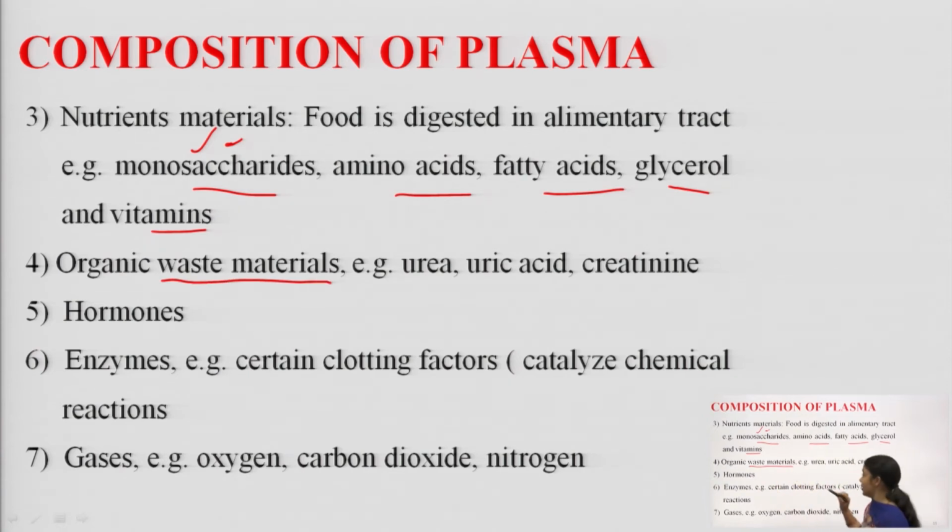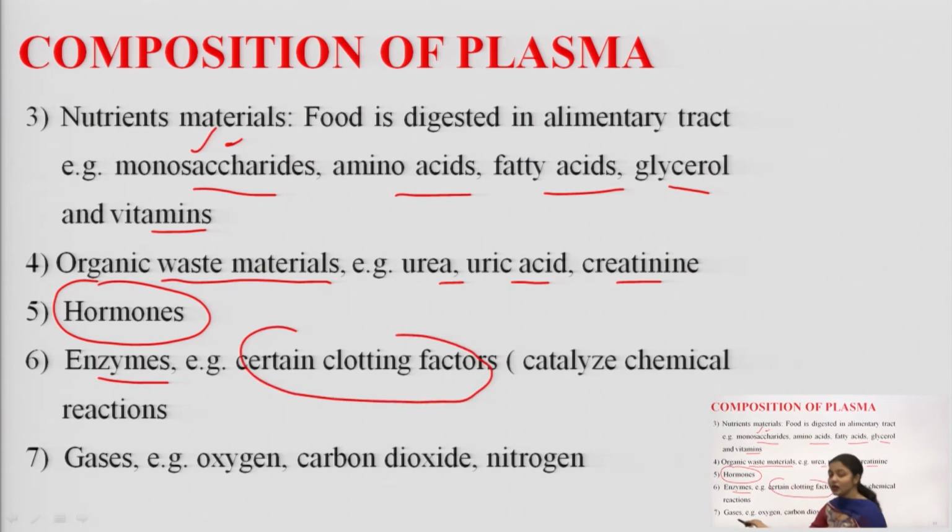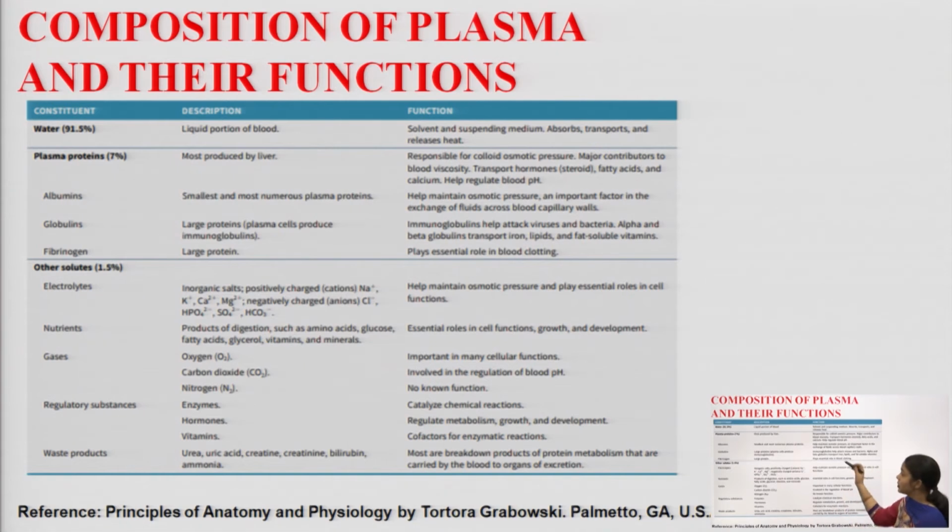Organic waste materials, for example urea, uric acid and creatinine. Hormones, which are essential for your growth and development. Enzymes, which catalyze reactions, for example certain clotting factors, and gases like oxygen, carbon dioxide and nitrogen. So this is your whole plasma composition.